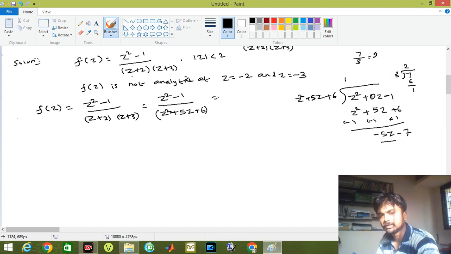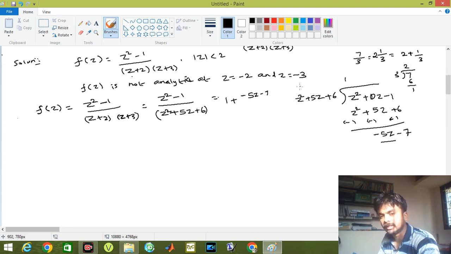So it can be written as 2 and 1 by 3, which is 2 plus 1 by 3. On taking LCM, 2 threes are 6, 6 plus 1 is 7, 7 by 3 will give the same result. In the same way, I am going to write this function. First, we have to write the quotient. The quotient here is 1. The second thing is we have to put the plus sign, and after that we have the remainder. The remainder is minus 5z minus 7.